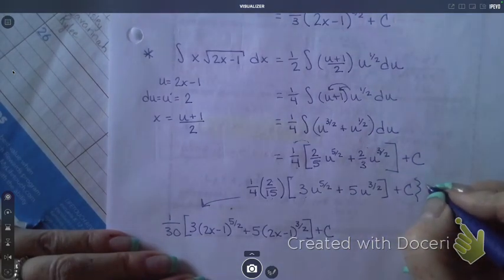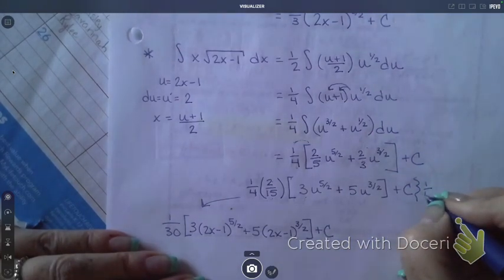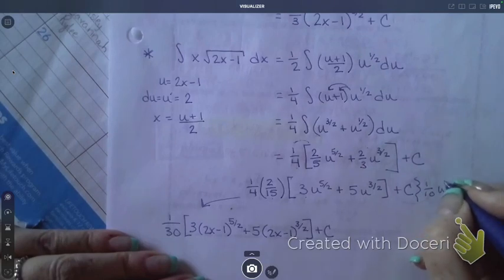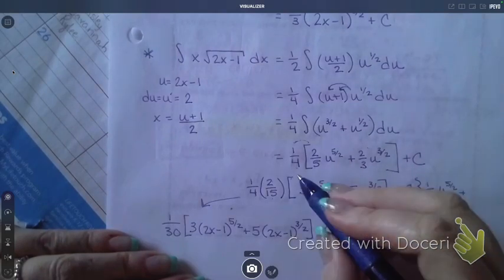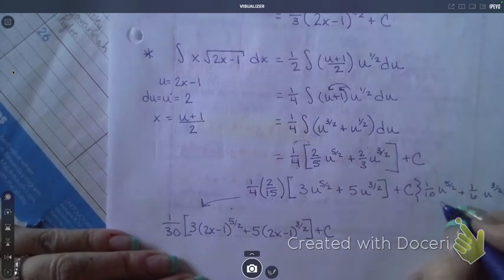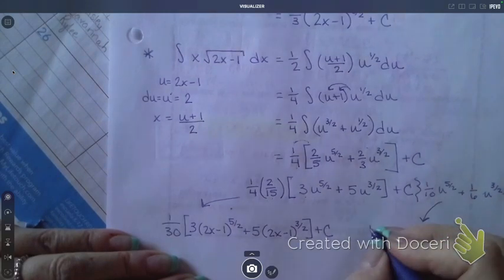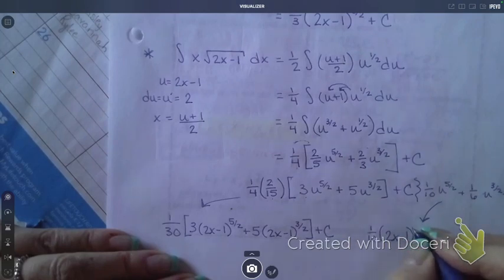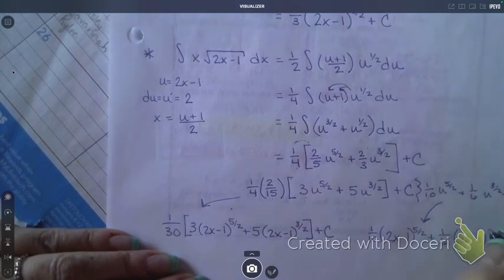That would give me 1/10 u to the 5/2 plus 1/6 u to the 3/2 plus c, which would be 1/10 times 2x minus 1 to the 5/2 plus 1/6 times 2x minus 1 to the 3/2 plus c.